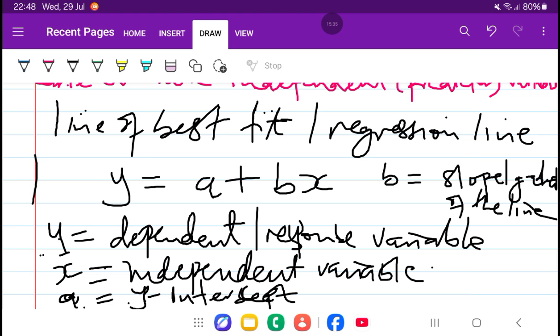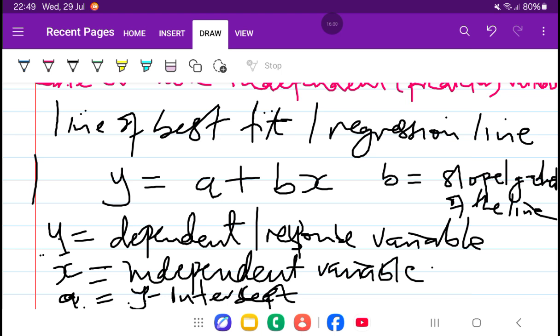So the distinction between dependent and explanatory variables is very crucial, or very important for us to be able to differentiate among the given variables.